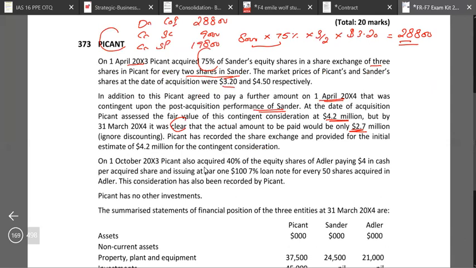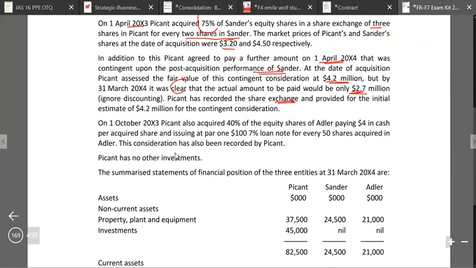Picant has recorded the share exchange and provided for the initial estimate of 4.2 million for the contingent consideration. That means their liability is recorded at 4.2 million rather than 2.7 million. We have to change it.